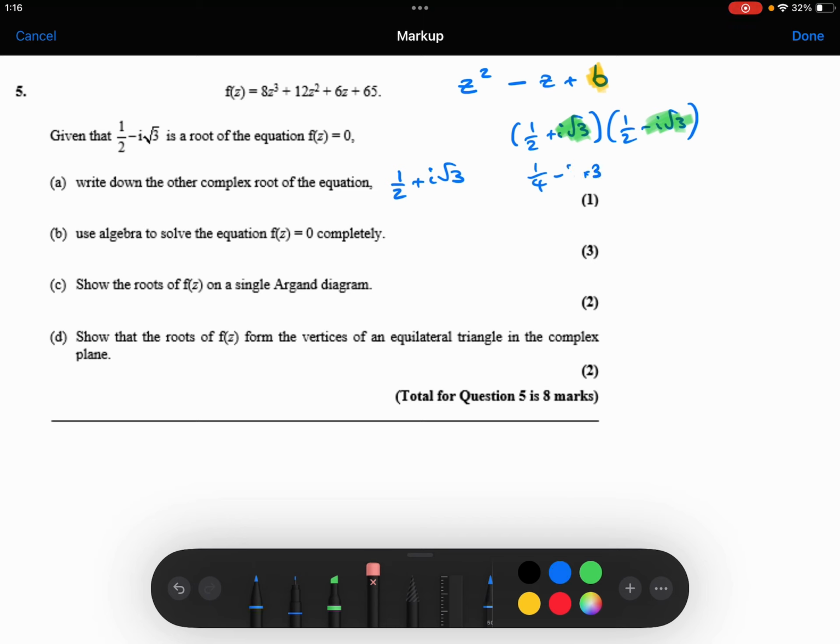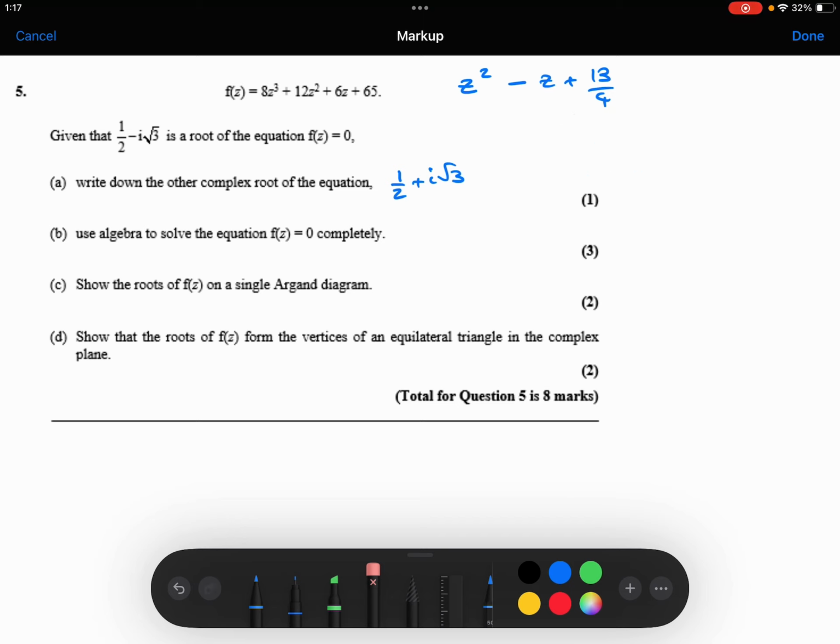The I squared is minus 1, so just plus 3. 1/4 plus 3 is the same thing as 13 over 4. So that's my b value.